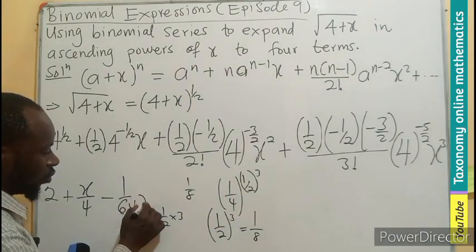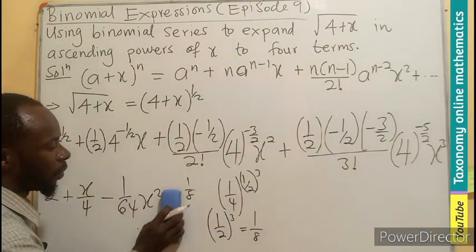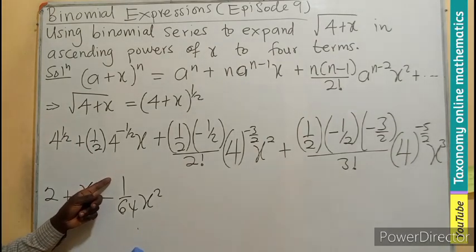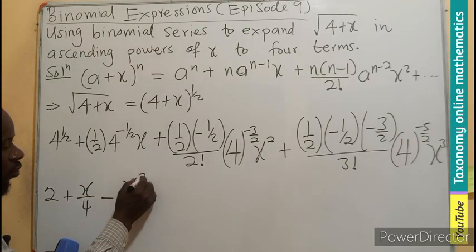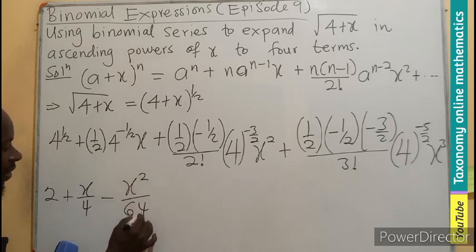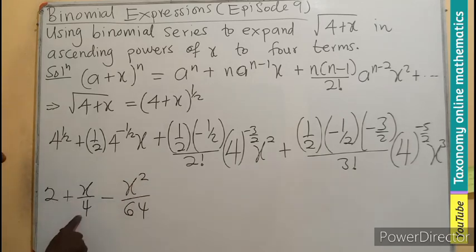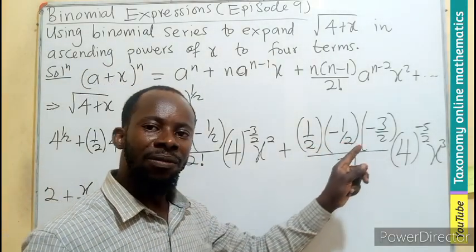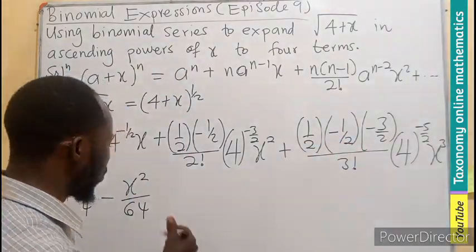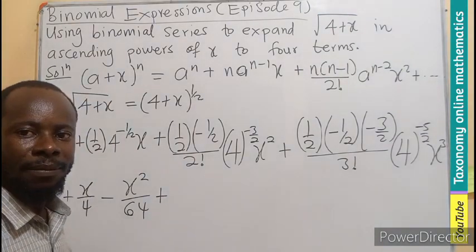Then x to the power 2 will come. You will say, why not use the 1 to multiply? You can still do the same. So x squared over 64. First term, second term, third term. Negative times negative obviously will give us positive, so we have a positive answer here.